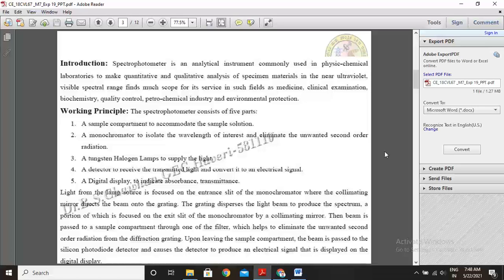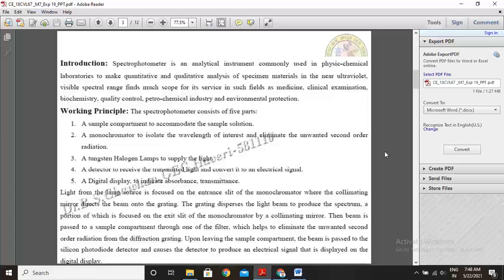Third part is a tungsten halogen lamp to supply the light. Fourth component is a detector to receive the transmitted light and convert it to an electrical signal.